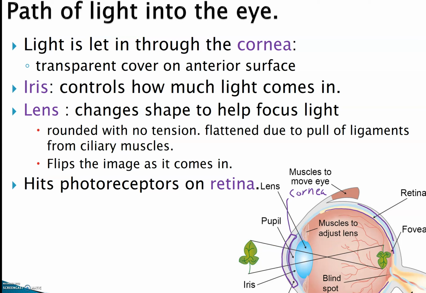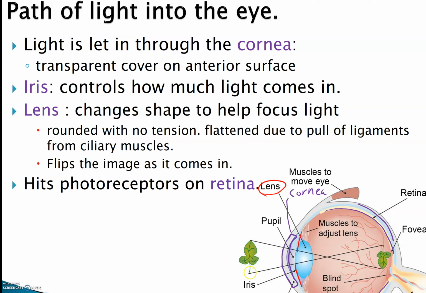We talked about how you have an iris here that controls the amount of light through the eye, and it has the lens behind it, right there, that focuses the light on the back of the eye.